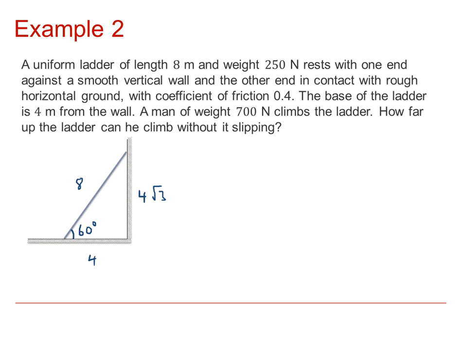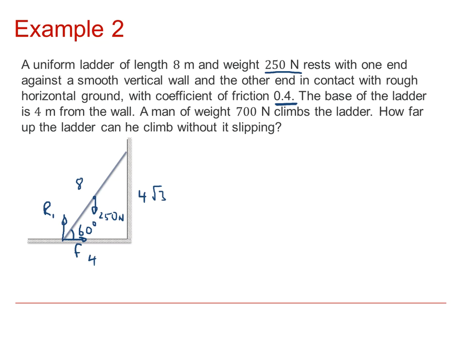We're told this time that the weight is 250 newtons, again uniform, so that 250 is acting at the center point here, and we've got the rough ground, so frictional force and reaction here, but this time the frictional force is given by a coefficient of friction of 0.4.